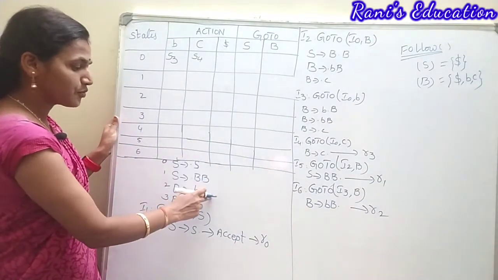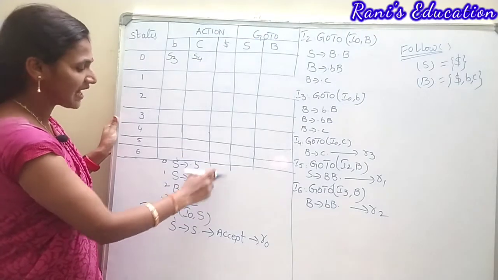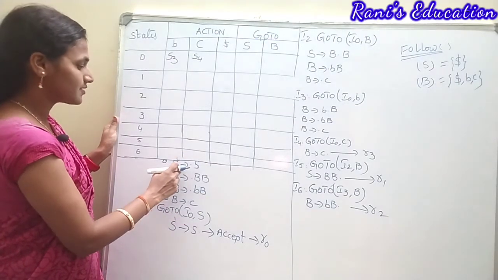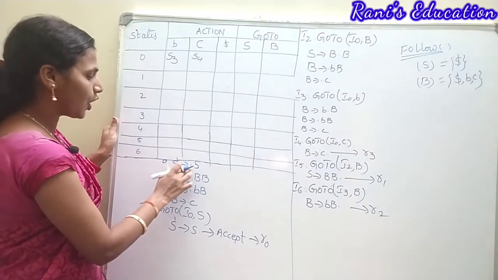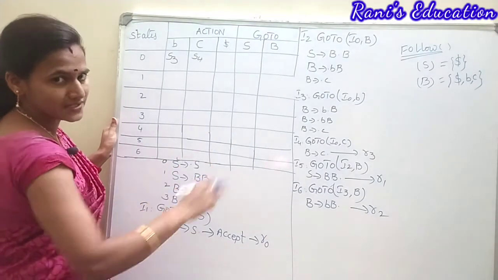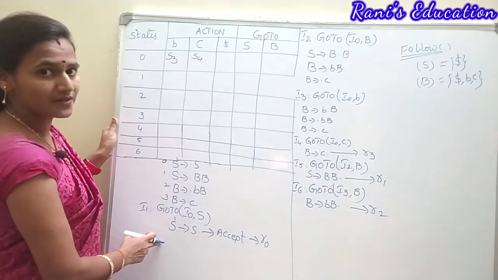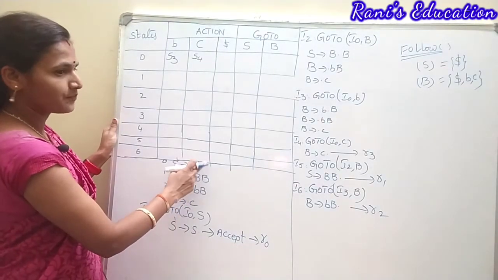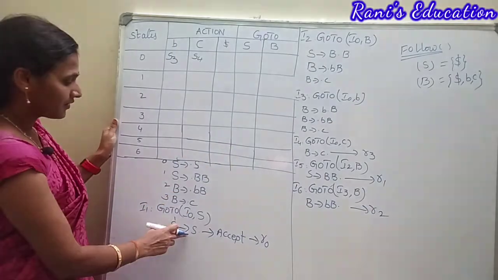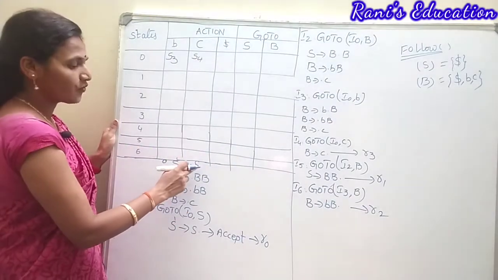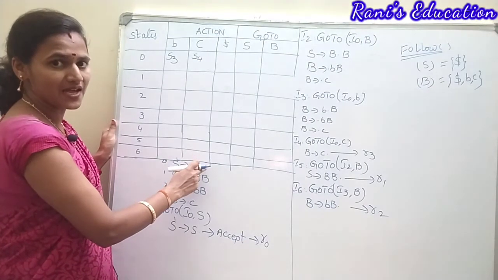Now move on to I0 item only. Are there any more productions left? Yes, we have two productions, the 0th production and the first production. Now you have to check where dot S is changed to S dot. In which item can we observe that? This is a non-terminal, right? So dot S is changed to S dot in the first item. For which non-terminal have we changed that?